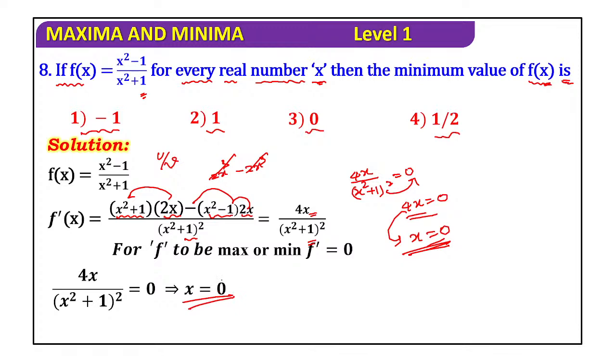Once you get x equal to 0, the minimum value is what? You just put x value as 0 here. This will become 0, this will become 0, minus 1 divided by plus 1, so that is nothing but minus 1. Therefore minus 1 is the right answer for this particular problem.